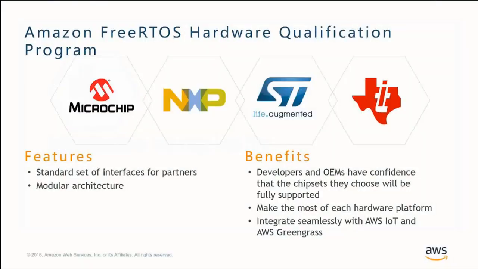And so when we built Amazon FreeRTOS, we did it with a broad ecosystem of hardware and tools partners. With Microchip and NXP, ST Micro, and Texas Instruments, we qualified hardware and created a program so that we can more scalably introduce hardware to our customers and allow our customers to run Amazon FreeRTOS on a variety of chips.